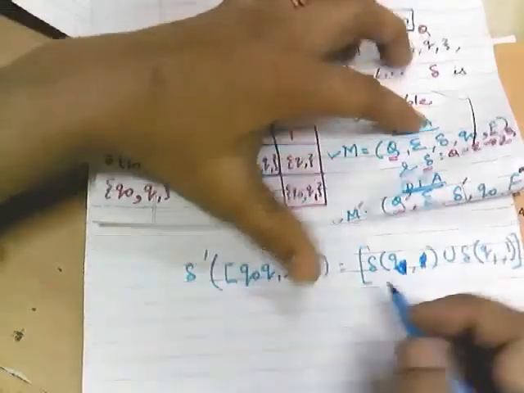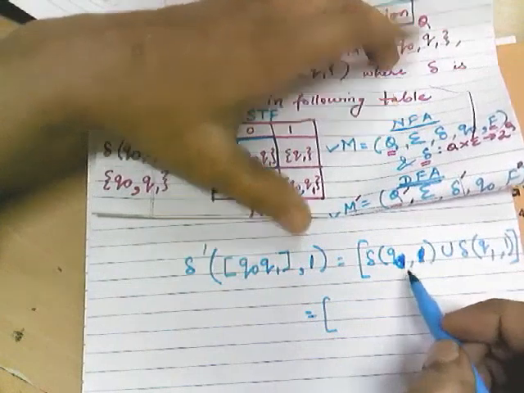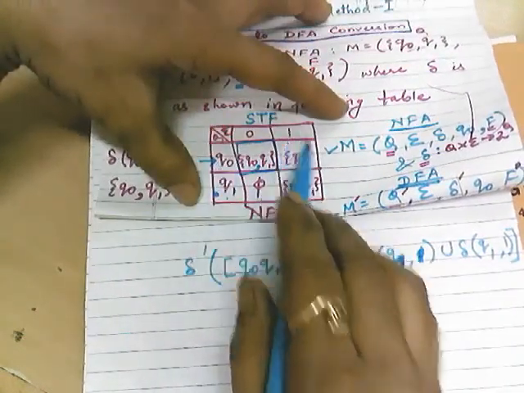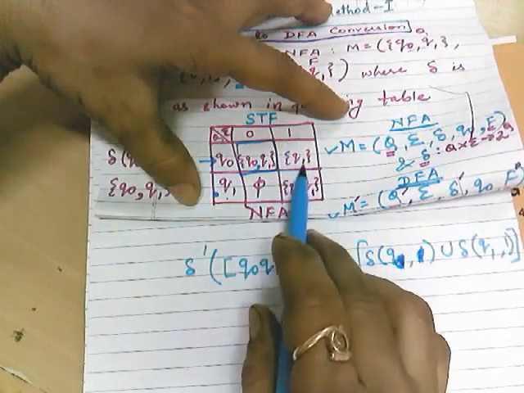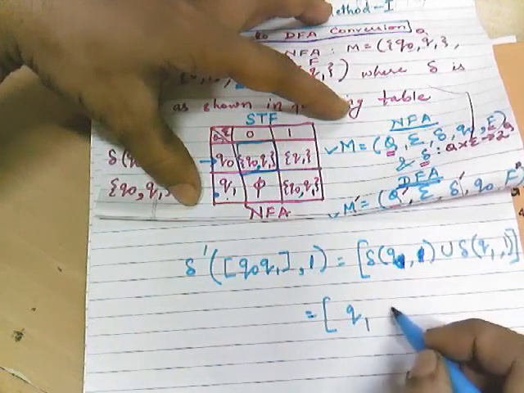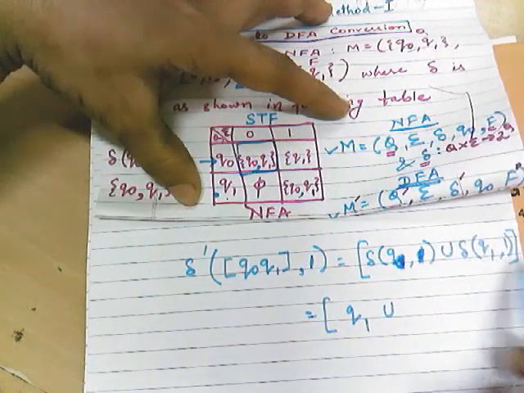Now what is it going to give me? Delta q0 comma 1 is giving me q1, so I'll be writing q1, union, what is delta q1 comma 1?